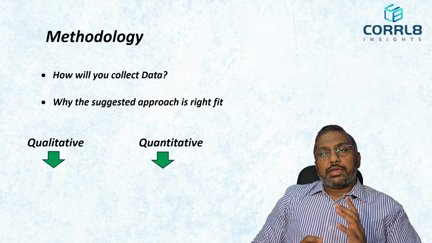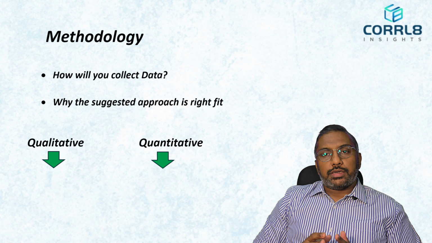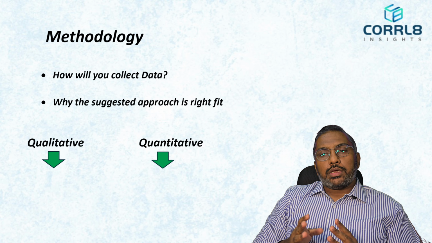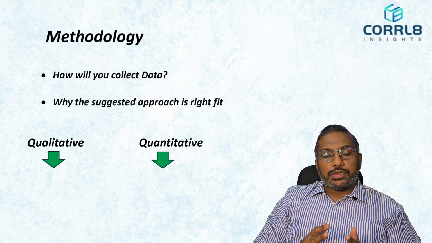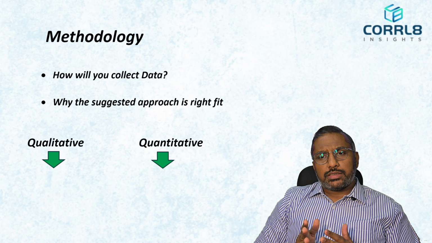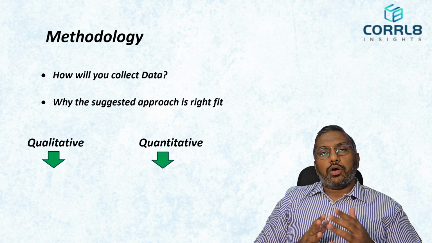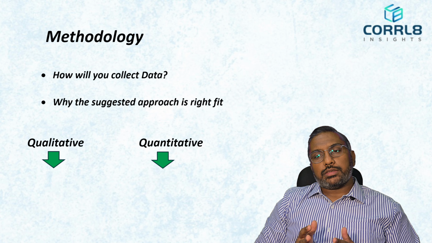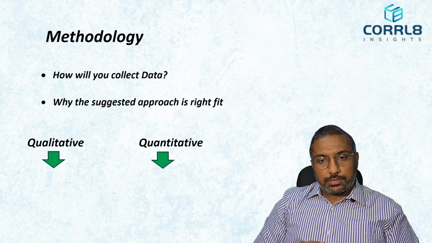Now, let's look at the data collection methods, the actual tools that you'll use to gather information. These methods vary depending on the objective, target audience, budget, and the timelines.